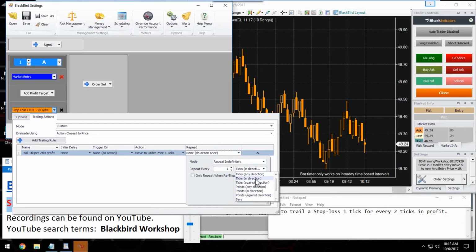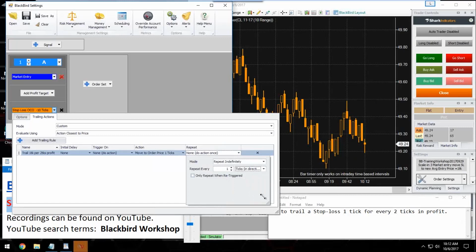Ticks in direction means when price moves in the direction of the trade. So if we're in a long trade, when the market moves upward in the direction of a long trade, those are the tick movements of price that we're interested in.